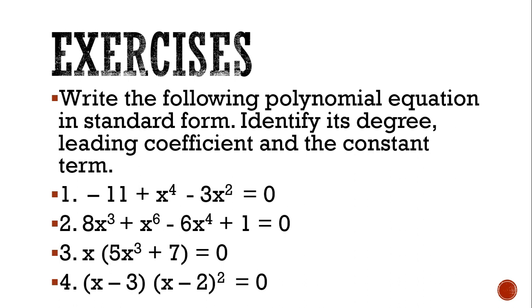Number 3, x multiplied by the quantity 5x cubed plus 7 is equal to 0. And lastly, number 4, the quantity x minus 3 multiplied by the square of x minus 2 is equal to 0. Again, you can pause this video and answer these at your own pace. Let's now have the answers.